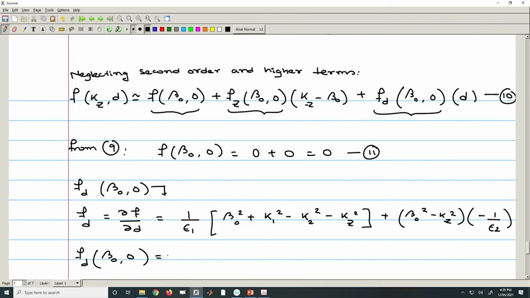Again we will place in k_z and beta naught, it gets cancelled out, and here also we will get one upon epsilon 1 times (k1 square minus k2 square). Okay. So, this is equation number 12.